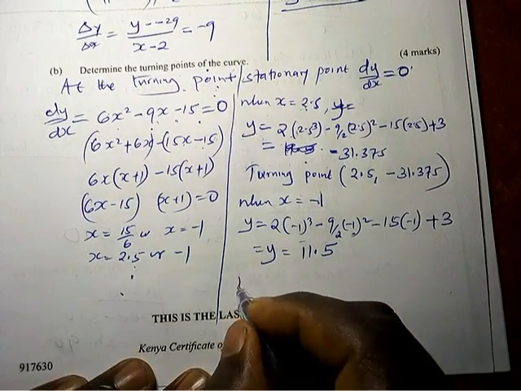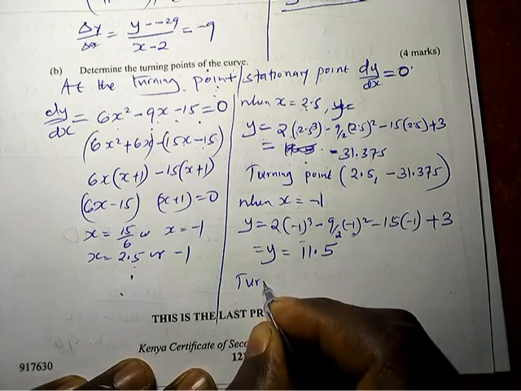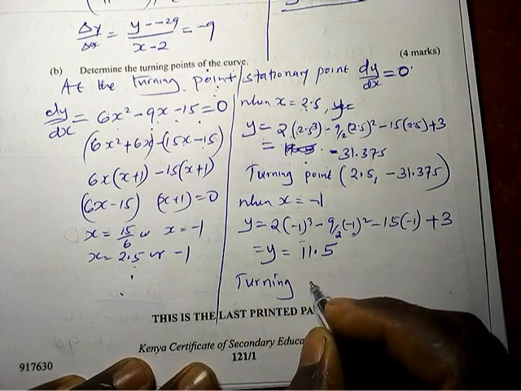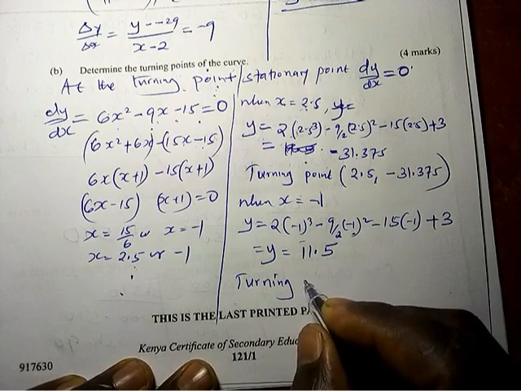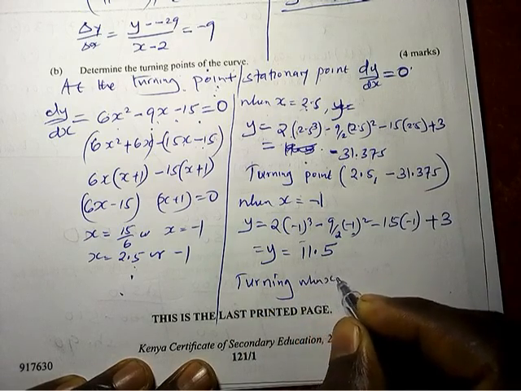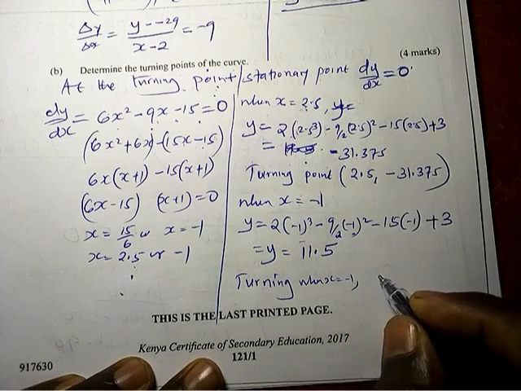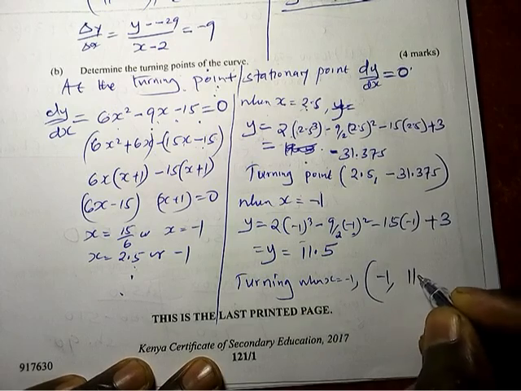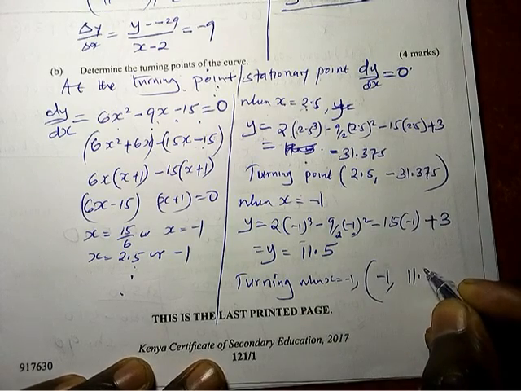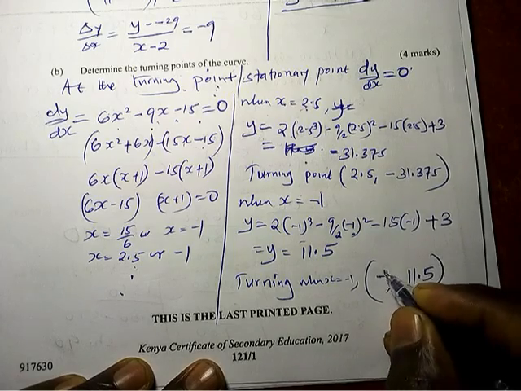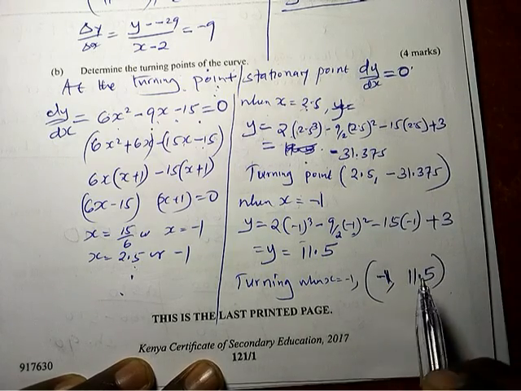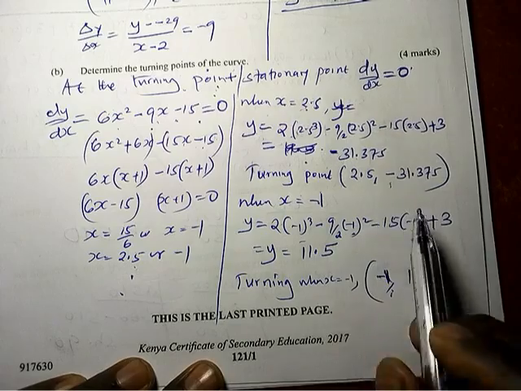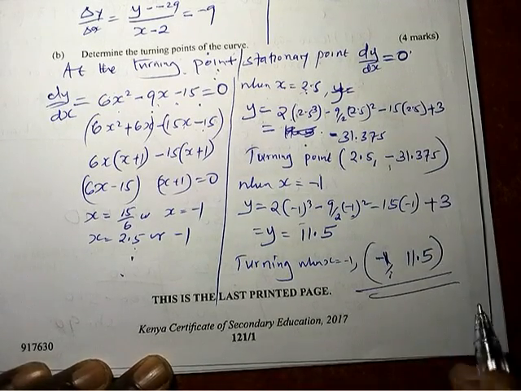Meaning the turning point when x is equal to negative 1 is negative 1, 11.5. So these are the two turning points, this and that. And that's how you will score your marks.